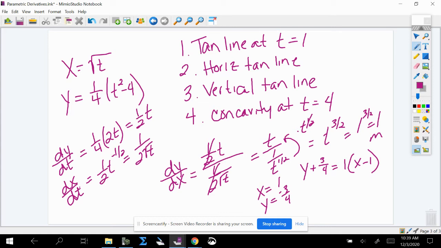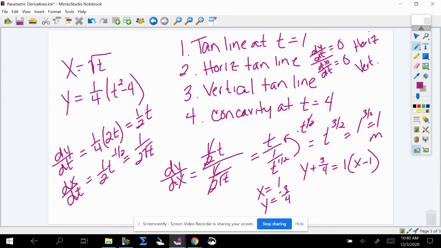To do the horizontal and vertical tangent lines: a horizontal tangent line is when you have a slope of 0. Your slope is dy/dt over dx/dt. If the top is 0, you get a 0 slope, which gives a horizontal tangent line. If the bottom is 0, you get an undefined slope, or a vertical tangent line.